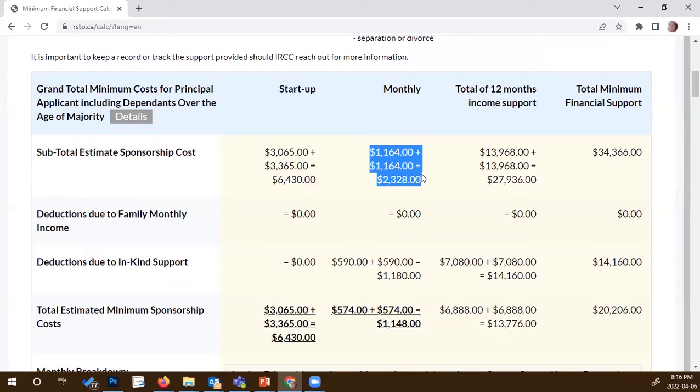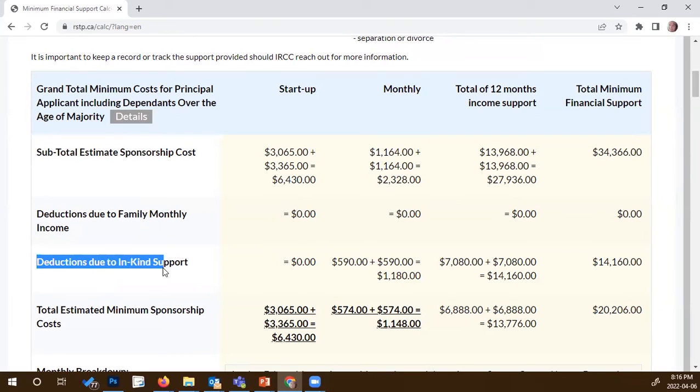If you want to see the deductions, you have to scroll down to this line here, deductions due to in-kind support. So we can see that we didn't apply any startup deductions, but we did apply deductions to the monthly support. So this is the amount that's being deducted from the monthly support, $1,180. When we multiply that amount by 12, we get $14,160.